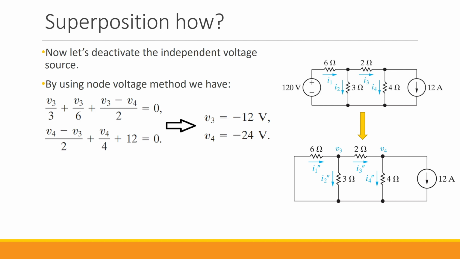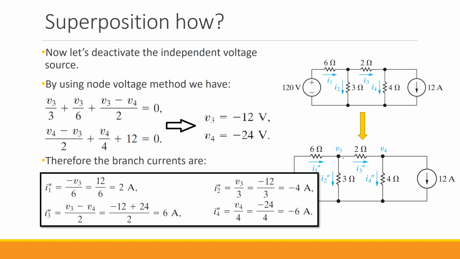So again, to recap, we deactivate the voltage source, we keep the current source activated, we write down the node voltage equations based on these two nodes, and then based on this 2 by 2 linear system, we calculate V3 and V4, and based on these voltages V3 and V4, we calculate the individual currents, I1 double prime, I2 double prime, I3 double prime, and finally I4 double prime.